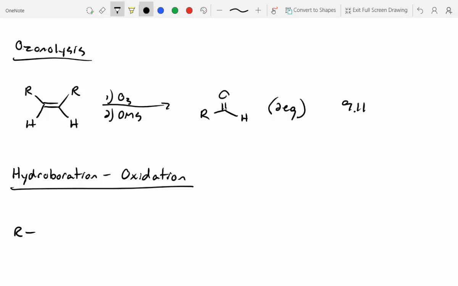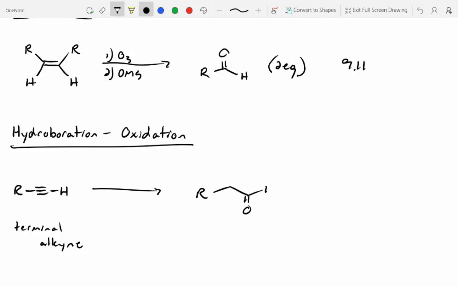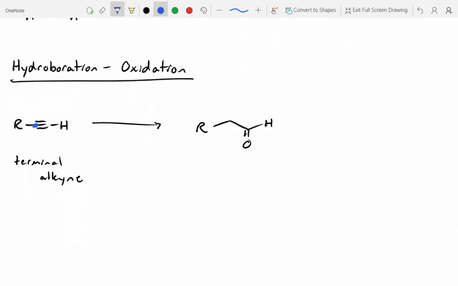If you remember back to our chapter 10 material, if we have a terminal alkyne, we can do hydroboration oxidation in order to get our aldehyde. One common mistake people make when they're doing hydroboration oxidation is they lose a carbon. So remember, this blue carbon is still sticking around, and this green carbon coming off the end is going to be where your carbonyl comes off of.